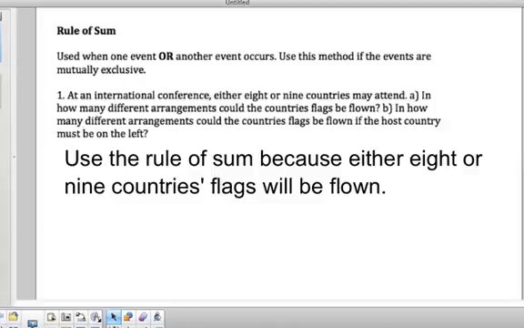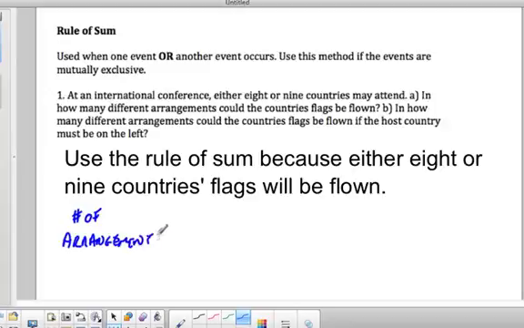And the method we're going to use now is we're going to determine the number of ways that we can, or the number of arrangements will be equal to the number of ways we can fly 8 flags plus the number of ways we can fly 9 flags.